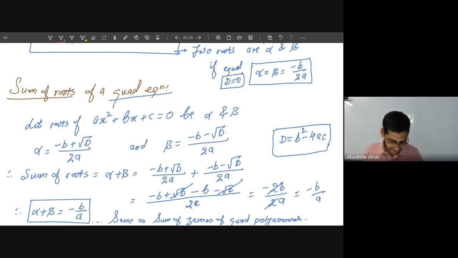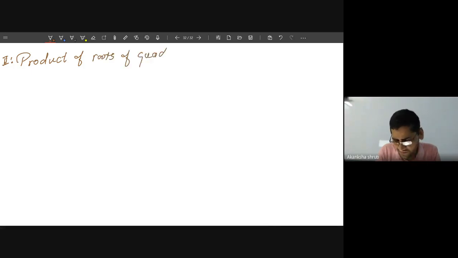Now let us go for calculating the product. The questions are very simple, exactly the same kind of questions as we did in quadratic polynomials, so don't worry, I will solve a few of them. How to get the product of roots of a quadratic equation?